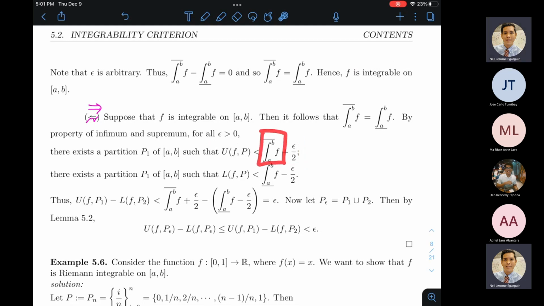Kasi ito na nga yung pinakamalaking lower bound, yung upper Riemann integral. Dinagdagan ko pa siya ng katiting, epsilon over 2. Kailan siya hindi nagiging lower bound? Kapag siya ay mas malaki na sa isang upper Riemann sum.